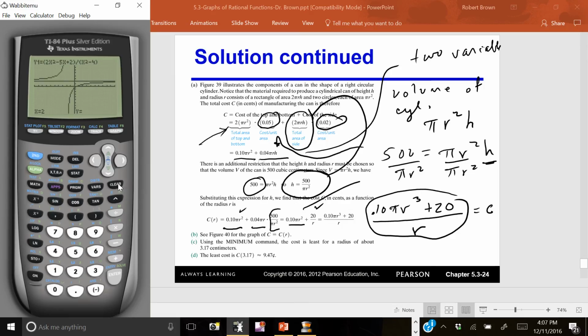Let's clear the equations and put 0.1 times pi times r cubed, which will be x cubed in this particular case.